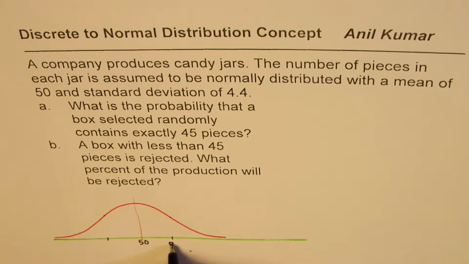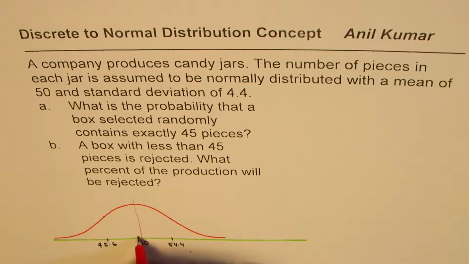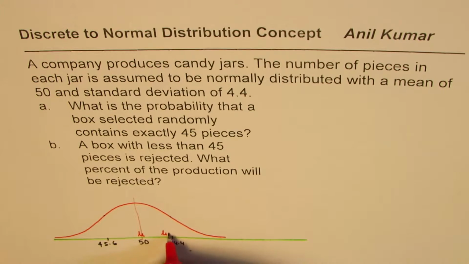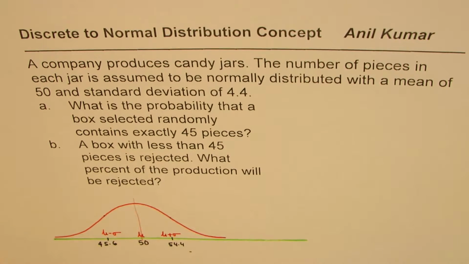So we have 54.4, and less 4.4 will be 45.6, right? So these are one standard deviation away. This is mean, this is mean plus standard deviation, and this is mean minus standard deviation.